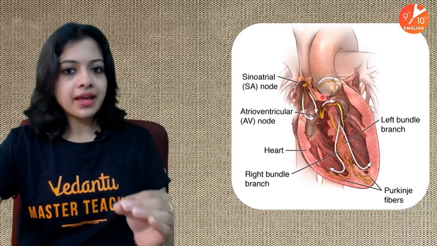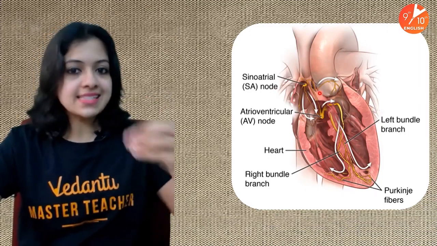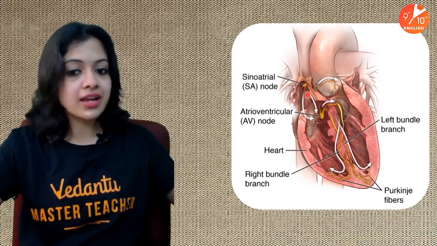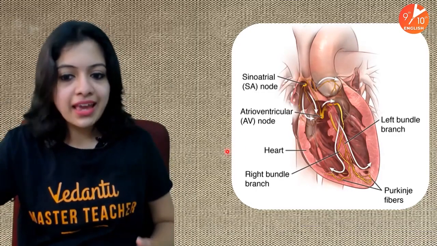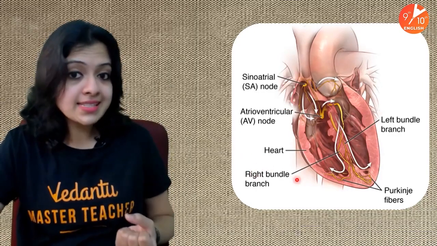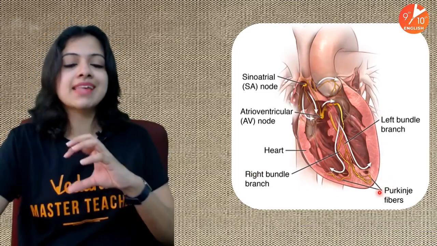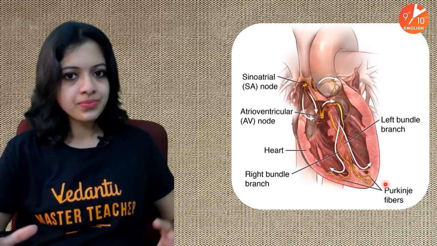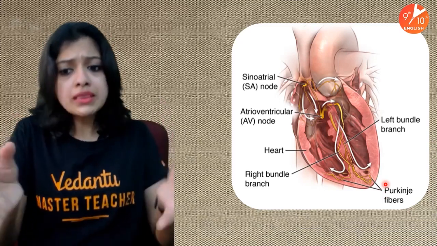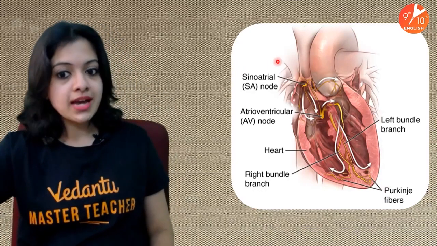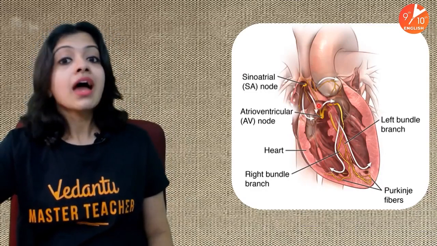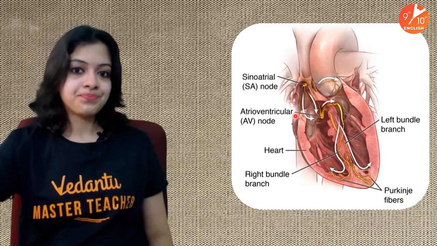Because this is where the electrical signals get generated, and it transmits them along with its friends, the AV node, the bundle of His, and the Purkinje fibers, and all of these together ensure that the pace of the heart is maintained. So yes, the SA node, as you can see, is present in the right atrium.